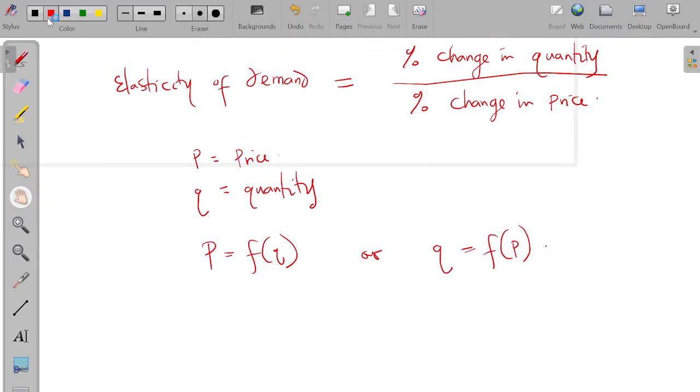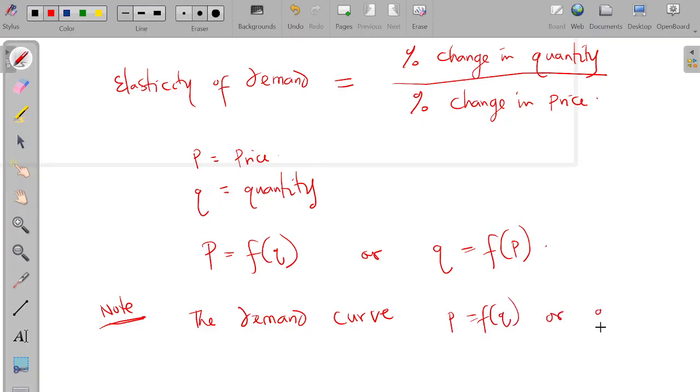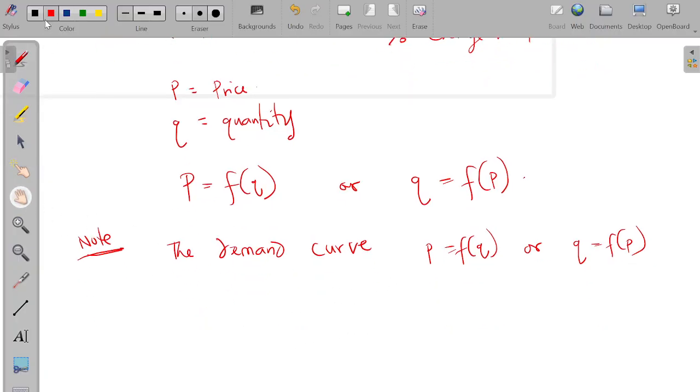Okay, so it should be noted that the demand curve, be it P as a function of Q or Q as a function of P, falls from left to right.